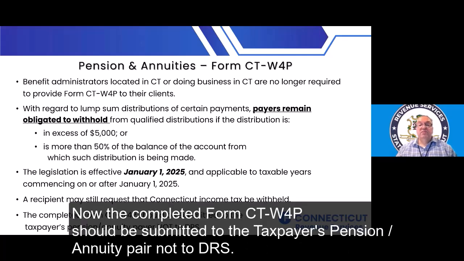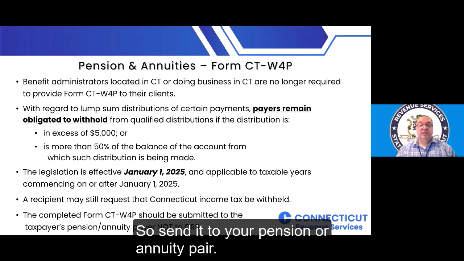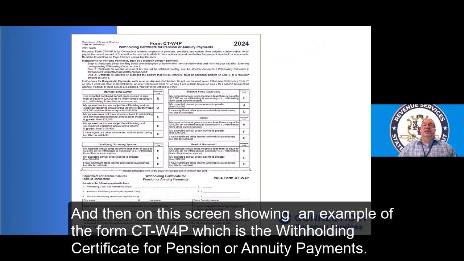Now, the completed Form CT-W4P should be submitted to the taxpayer's pension or annuity payer, not to DRS. So send it to your pension or annuity payer. And then on this screen is an example of the Form CT-W4P, which is the withholding certificate for pension or annuity payments.